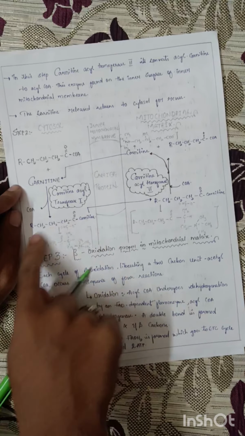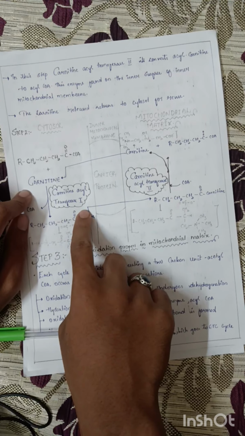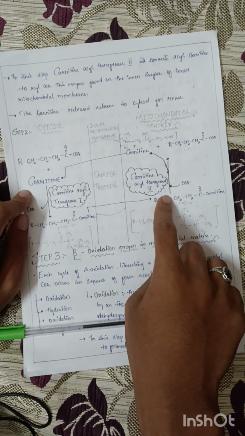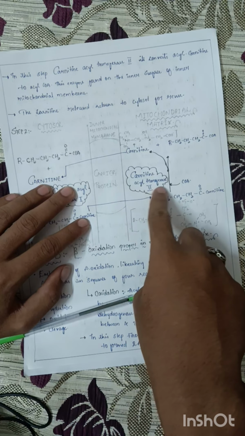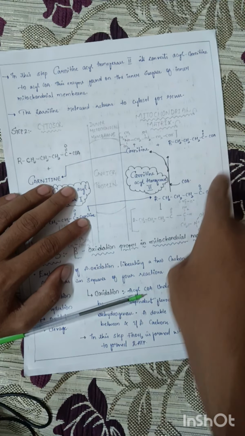Here is the structure of acyl-carnitine. Then with the help of a carrier protein, it is transported across the inner mitochondrial membrane into the mitochondrial matrix. Then with the help of carnitine acyl transferase 2, it will release carnitine and form acyl-CoA with the addition of CoA.